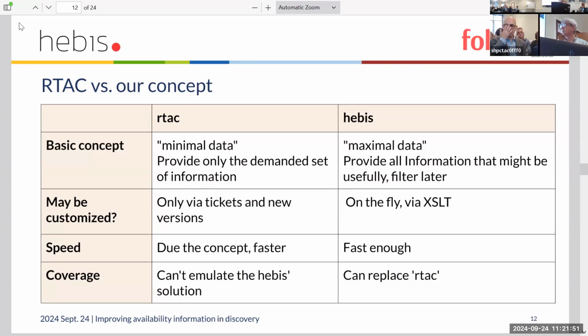Okay, so just in general, the current RTAC or availability interface can't emulate our solution. But with this transformation, we can replace RTAC, just filter the information from maximum to the minimum needed.